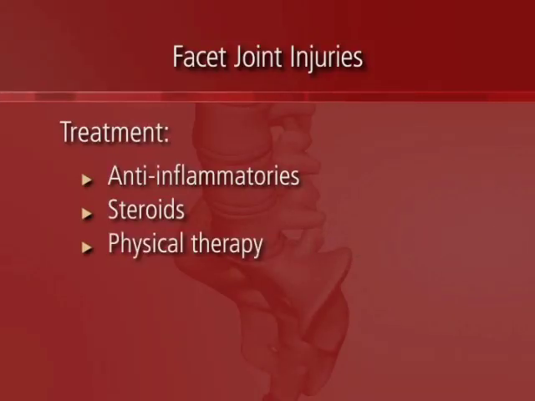This has both diagnostic and therapeutic benefits, meaning that when we do the injection into the facet joint and we get good pain relief, that further confirms that this is where the pain is coming from, and by doing an injection into the joint with a steroid as an anti-inflammatory, that is the treatment. The idea is that once we get that inflammation and irritation of the facet down, then we can progress the patient into a functional rehabilitation program to address what causes the degenerative issues of the facets to begin with.